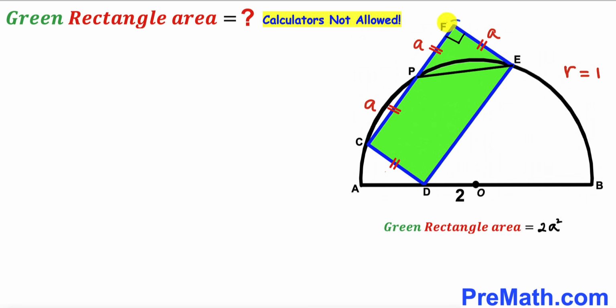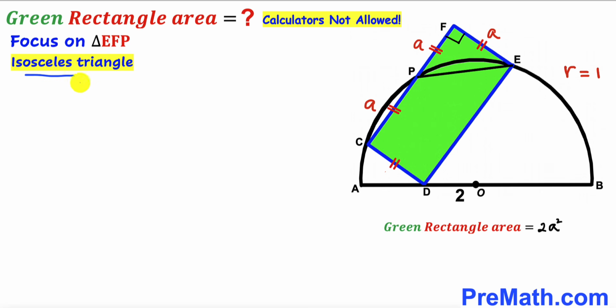And bear in mind that this angle has got to be a 90 degrees angle, since we are dealing with this green rectangle. And now we are going to focus on this right triangle EFP. We can see this is an isosceles triangle, since this side length is equal to this side length.